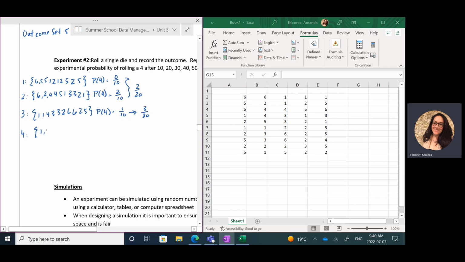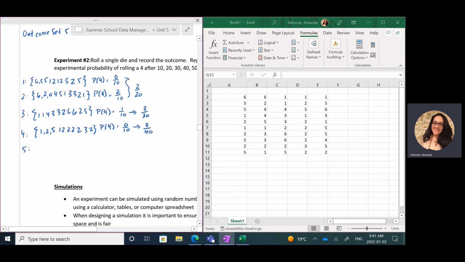My fourth set, oh, in the fourth set there were no 4s again. Okay, so then that would have generated 3 out of 40.